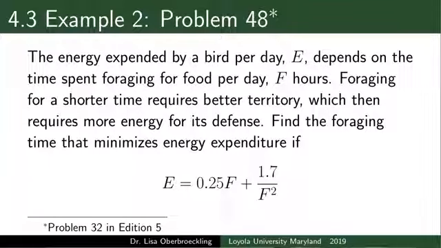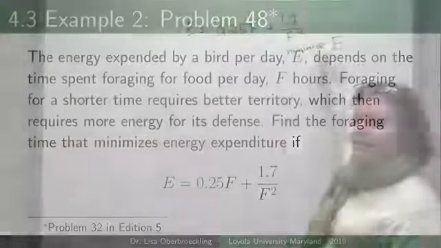It depends on the amount of time, the value of F, following this model. And we want to find the foraging time, the F value, in other words, the X value of our other types, to minimize E.